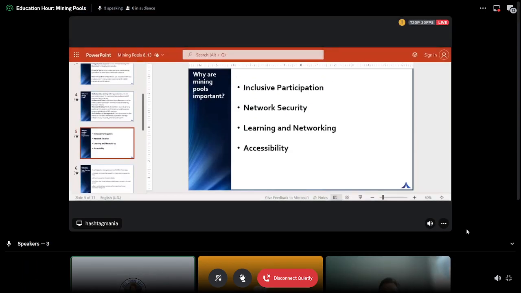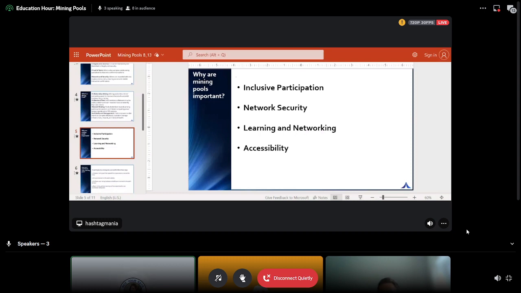Yeah, why are mining pools so important? I think we pretty much hit on that in the discussion. Inclusive participation: like you said, if you're just a single solo miner with a little bit of equipment, you get to participate in the network by participating with a pool and getting your rewards that way.